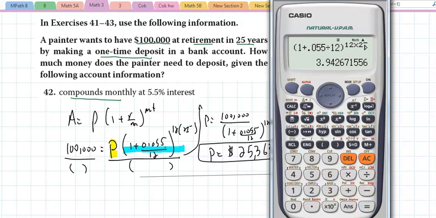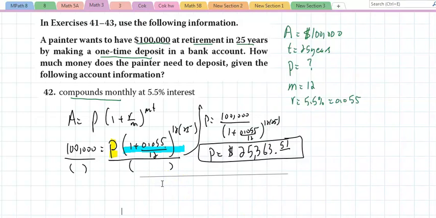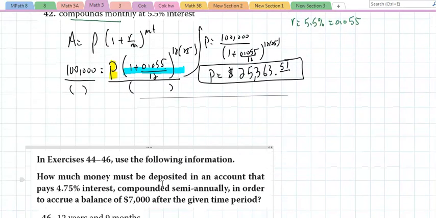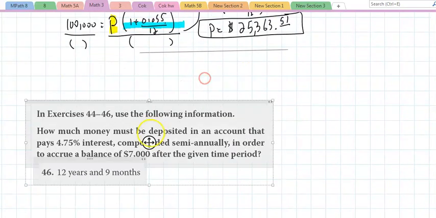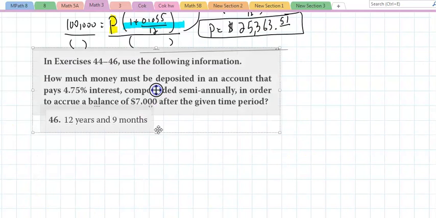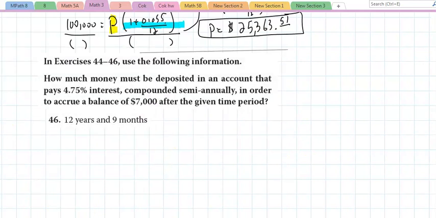And don't you divide 100,000 by that? 100,000 divided by my answer will give me the same result. You can always do that. If I put about $25,000 right now, 25 years from now, I'll get 100,000. That's true if you could find such an interest rate. Chase used to give 5%. Now they don't anymore.